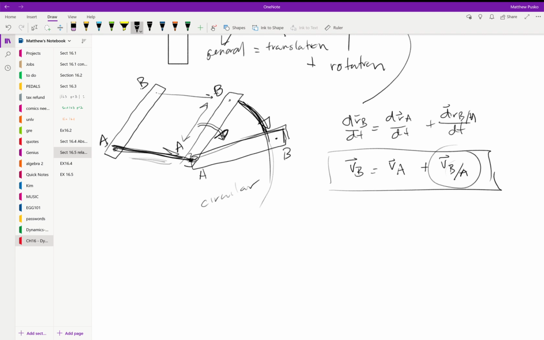So v of B with respect to A can be written as omega crossed r of B with respect to A. So the velocity of B is equal to the velocity of A, that's this part, plus omega crossed r of B with respect to A.